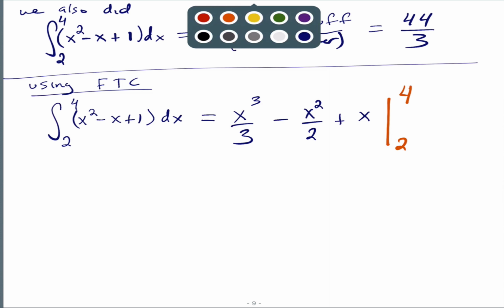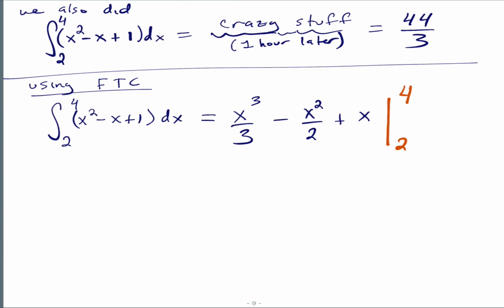So then what's the next step? Is to plug in top minus bottom, right? So plug in 4 minus plug in 2. So I'm going to have 4 cubed over 3 minus 4 squared over 2 plus 4. So that's the top.